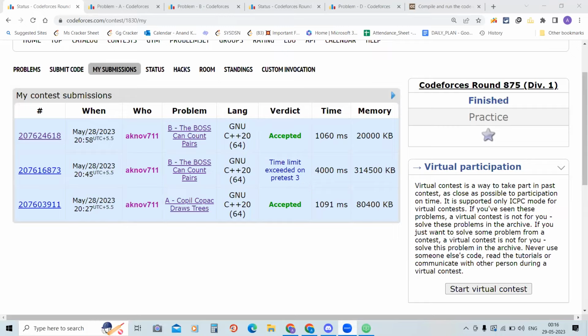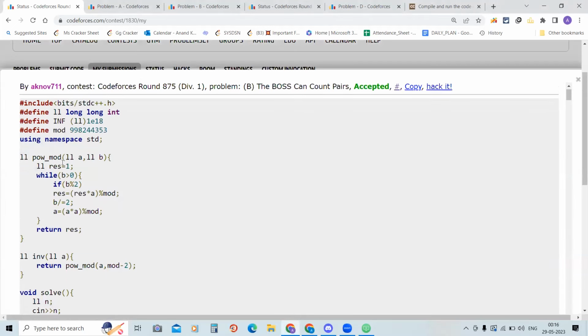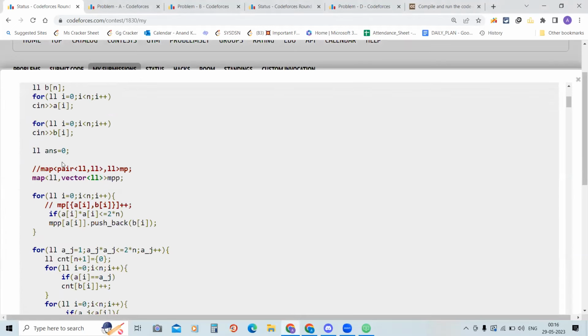In the hacking phase you can claim that some solution is giving a wrong answer by giving certain test cases. For example, if you feel that my solution is wrong on a certain input, then you can hack my solution using that test case. And if my solution is actually giving a wrong answer, then after the hacking phase is over, I will be shown as hacked.